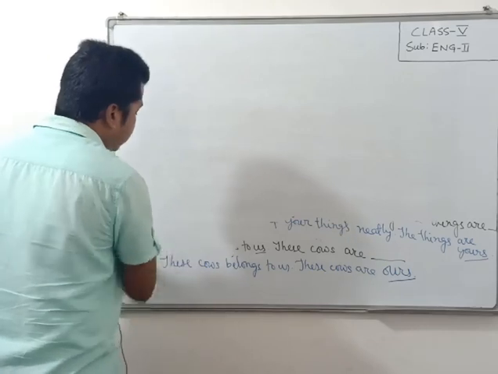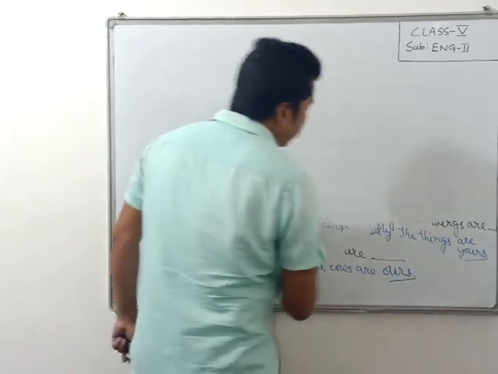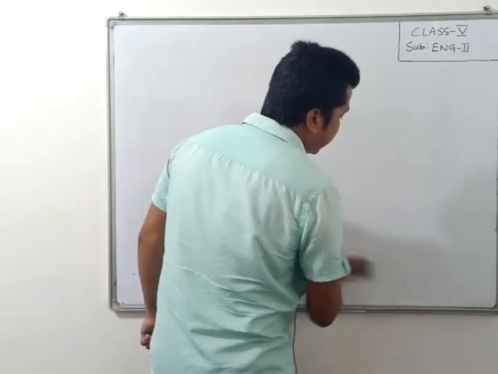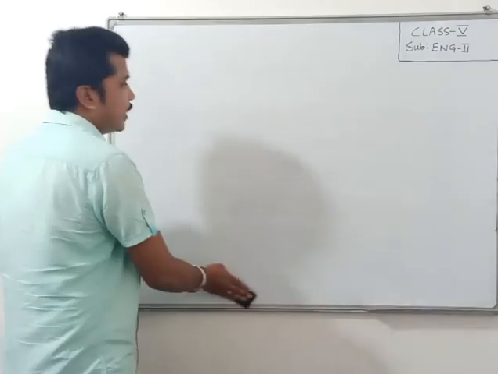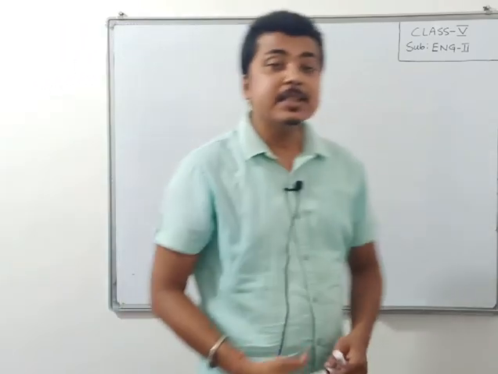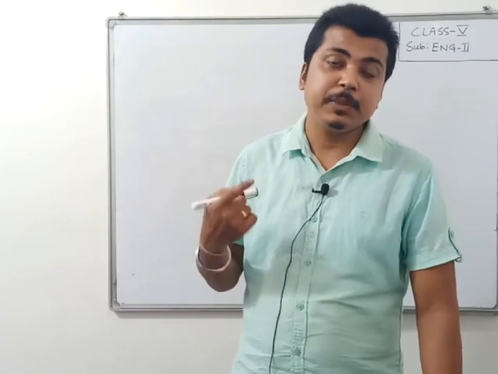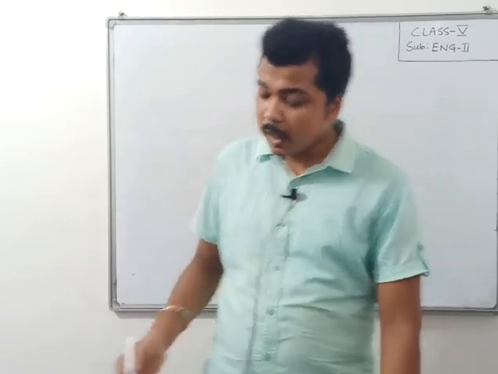Let us recall something. Noun means what? As we know, noun is a naming word. It can be the name of a person, place or thing. Now, what is adjective? What have we learned? Adjective tells more about noun. Now here what we have to do?